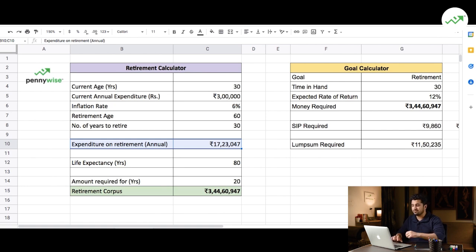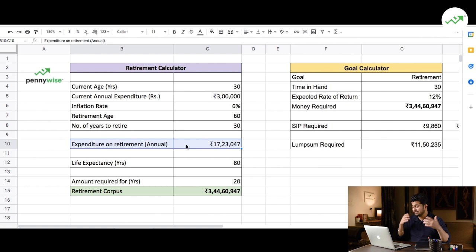So if you're spending 3 lakh rupees per annum today, in order to maintain the same lifestyle, you'll need 17 lakh 23,000 rupees 30 years from now on your retirement.